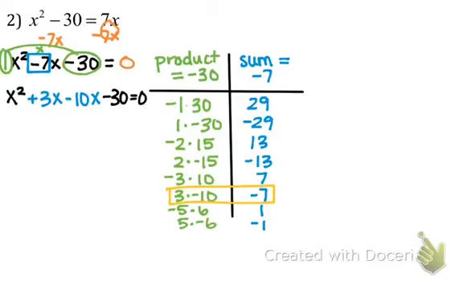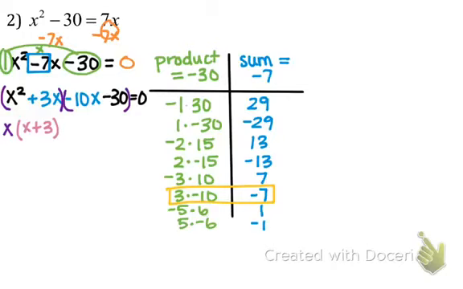Now that we have 4 terms, we can group off our first 2 terms and our last 2 terms. What do the first 2 terms have in common that can be divided out? Well, we can take out an x. We divide by x, we are left with x plus 3 on the inside. What do the second 2 terms have in common that can be divided out?